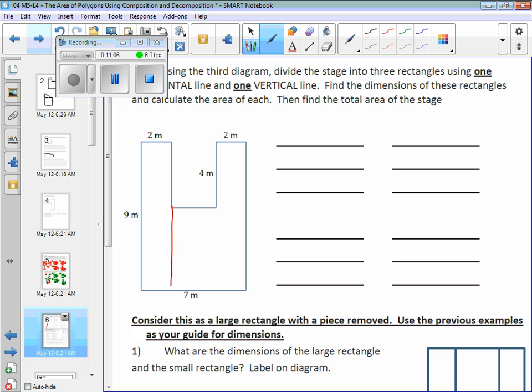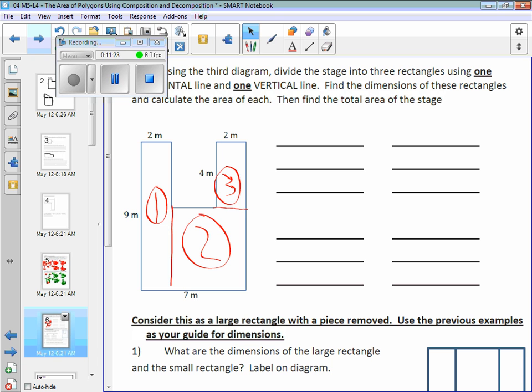Label your rectangles while you're at it. Now when you do it this way, you got 3 different rectangles. You don't have 2 of the same anymore, so you do have to physically do the base times height with different dimensions for 3 different rectangles.